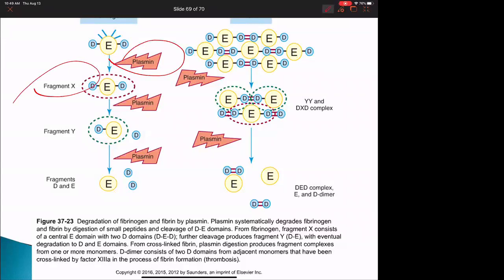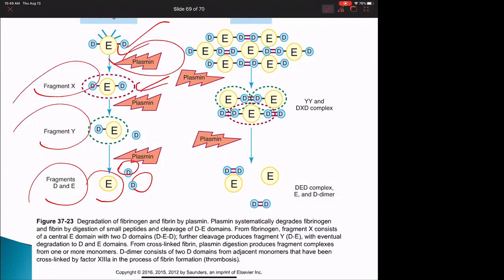Then further cleavage by plasmin produces fragment Y, which is made of the D and E domains right over here. This eventually gets degraded to D and E domains. So plasmin has this action of degrading fibrinogen and fibrin.